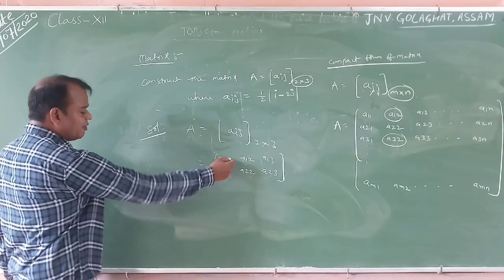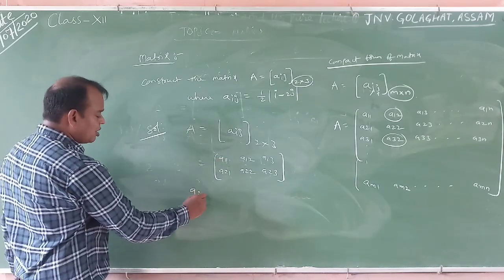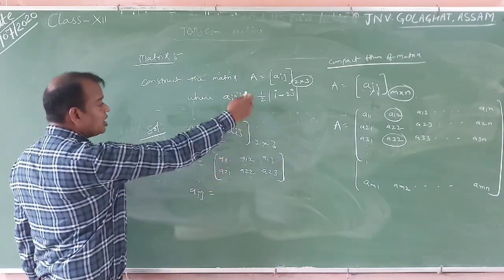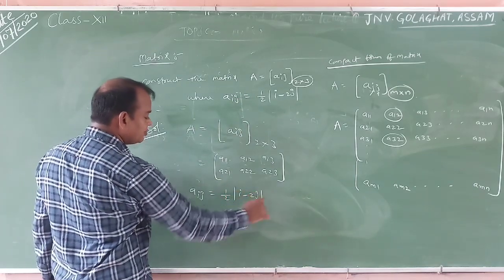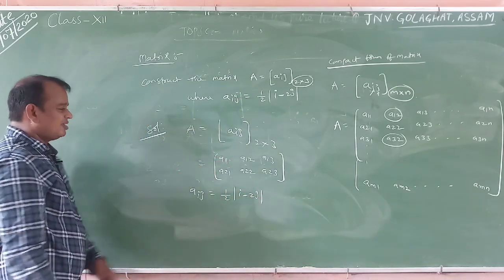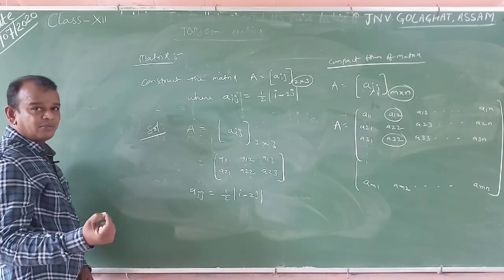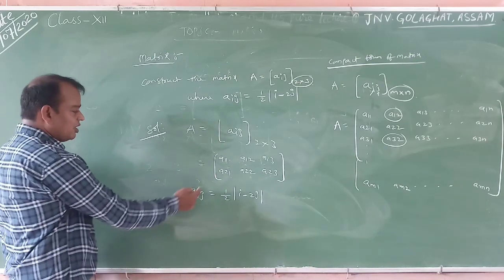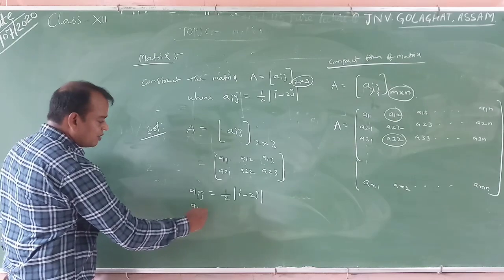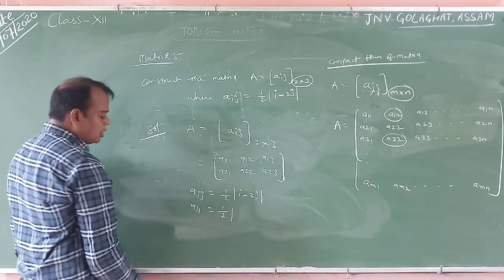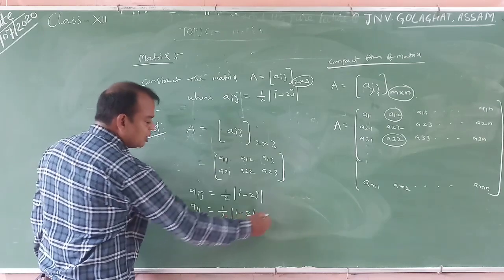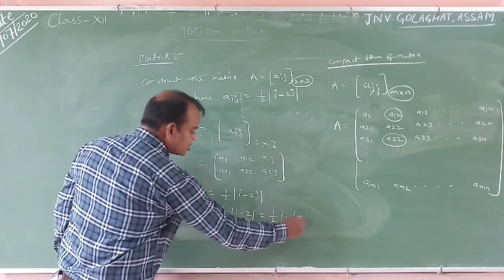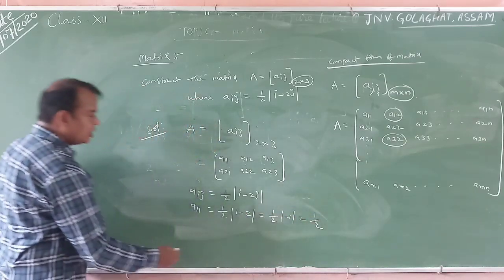Now we can find A11. Aij is already given: Aij equal to half into modulus of i minus 2j. A11 means first row, first column, so i value 1, j value 1. A11 is equal to 1 by 2 into modulus of 1 minus 2, that is 1 minus 2 means minus 1. 1 by 2 into modulus of minus 1 is equal to 1 by 2.